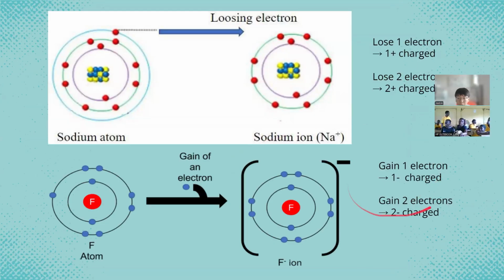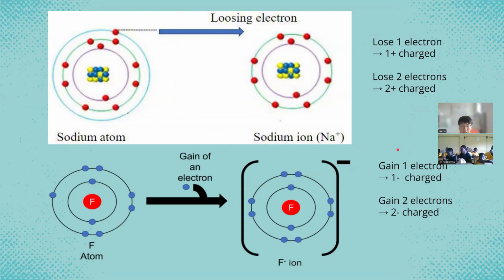So we've already talked about this. We talked about losing and gaining electrons. So this should be pretty clear. But recapping, again, sodium lost an electron, so it has positive one charge. It's a cation.